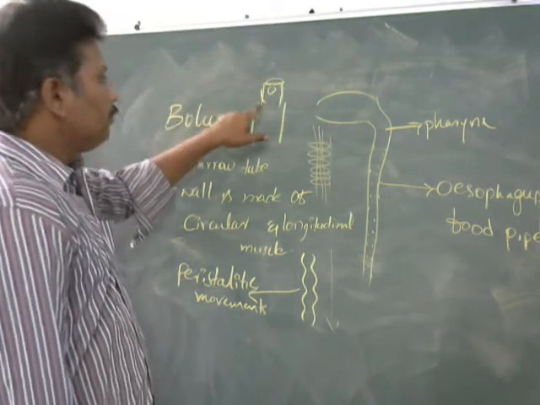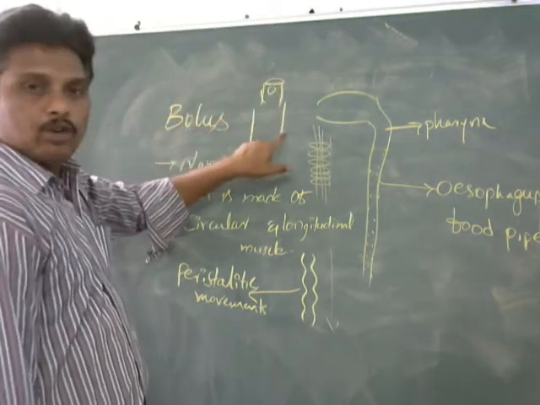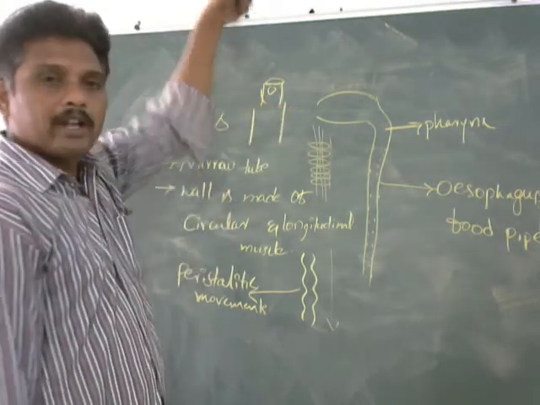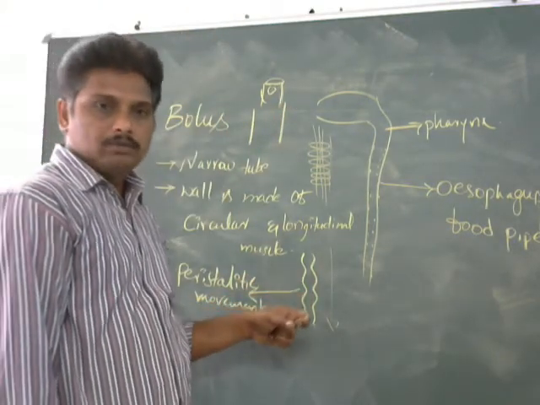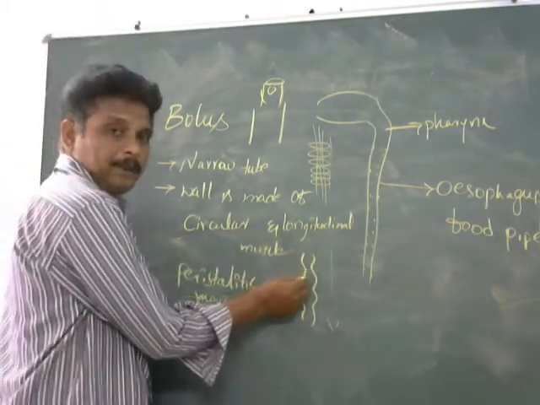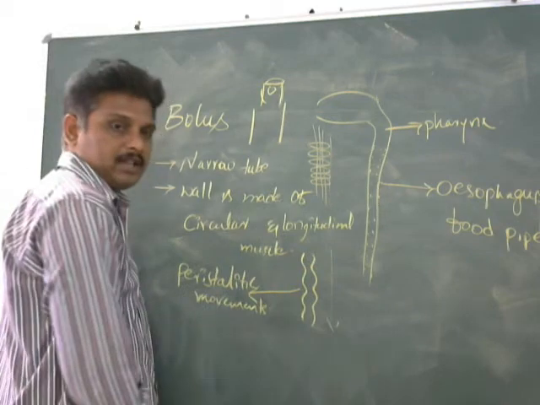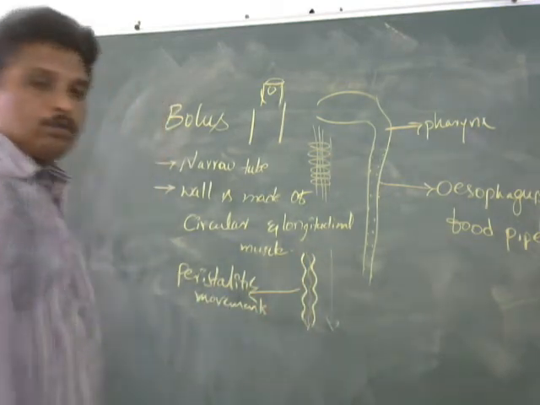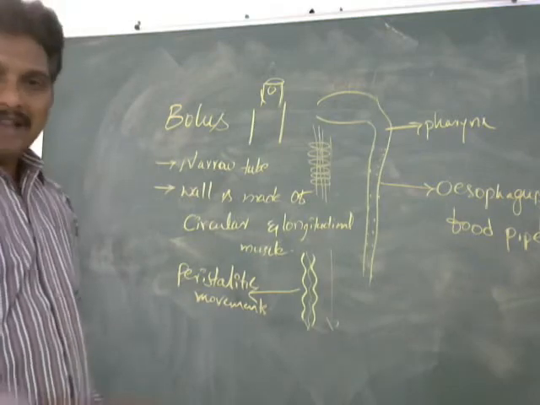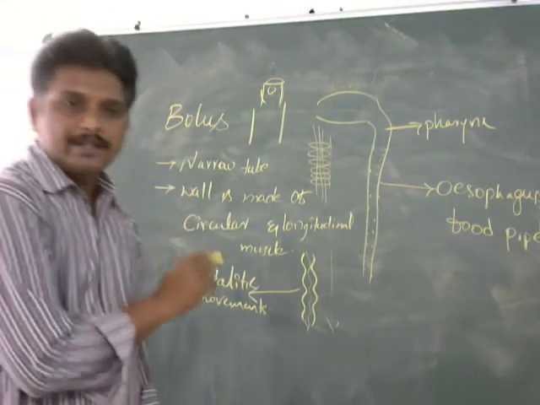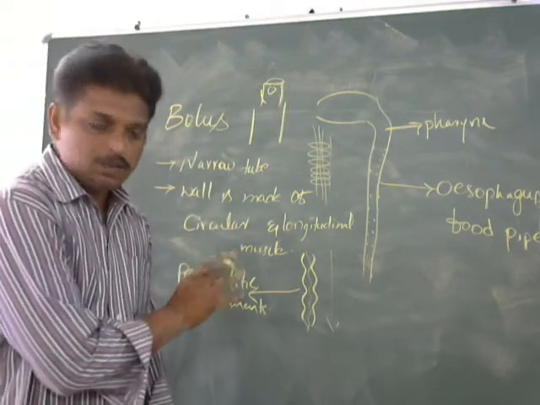At the same time, the contraction of the longitudinal muscle widens the tube. Automatically, the bolus slips down. Like this, the wavy peristaltic movements happen. With their help, the food bolus slides down and finally enters into the stomach.